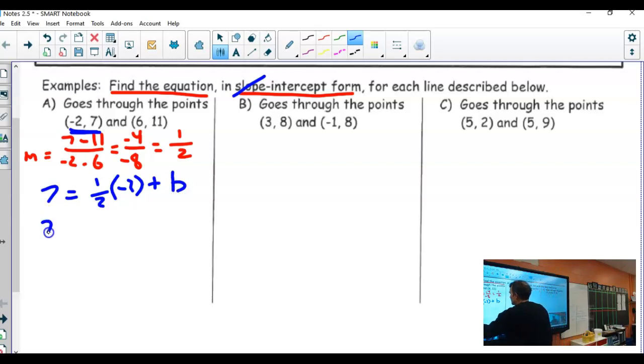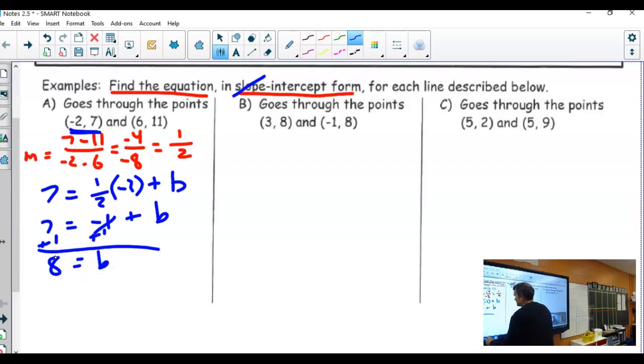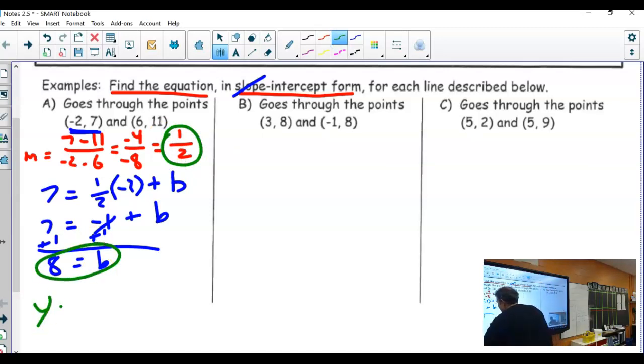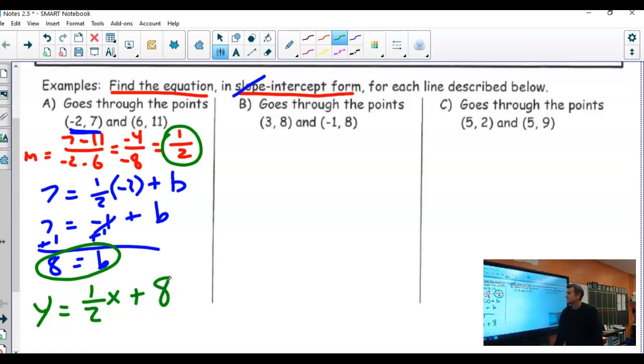I would multiply the 1/2 times the -2 and get -1. And I would add 1 to both sides. And I would get b equals 8. So, I now know what the slope is. I now know what the y-intercept is. And I can write my equation, y equals 1/2 x plus 8.